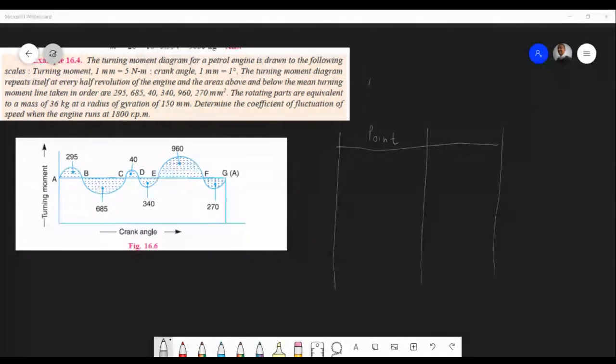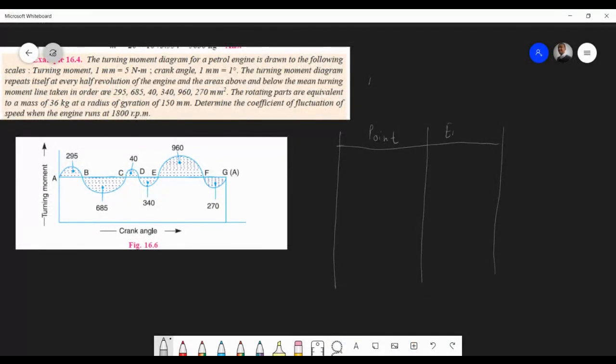So I have a table with columns for point and energy. You could call it point and energy if you want. Obviously we have points going from A, B, C, D to G. So we have A, B, C, D, E, F, G.